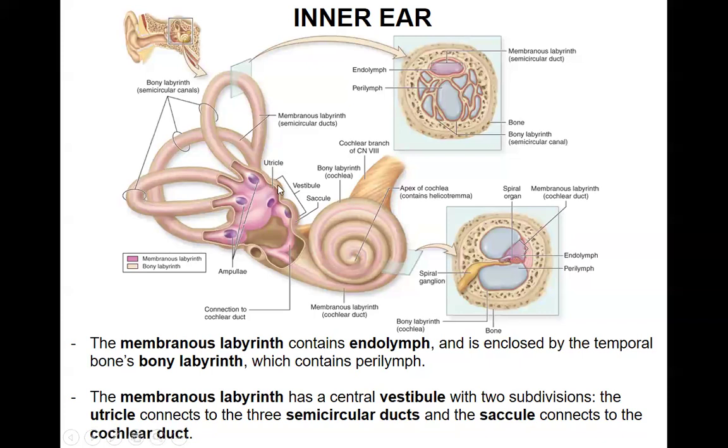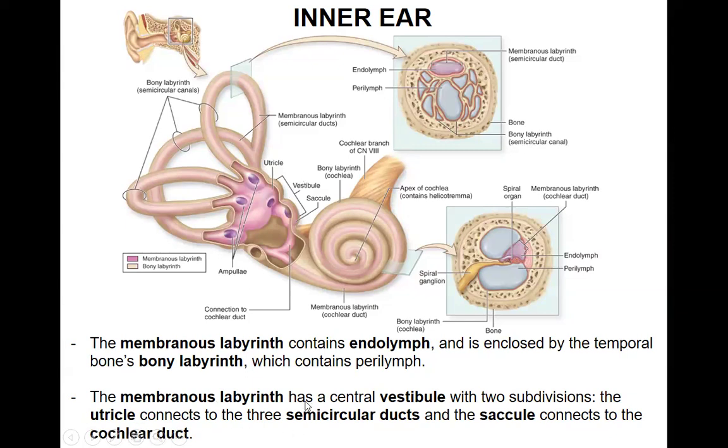The vestibule contains this utricle, which has a thickening that is part of the vestibular apparatus, and also the saccule, which appears to connect, and in fact connects, to the auditory apparatus. It's also part of the vestibular apparatus. The thickenings here are the maculae.